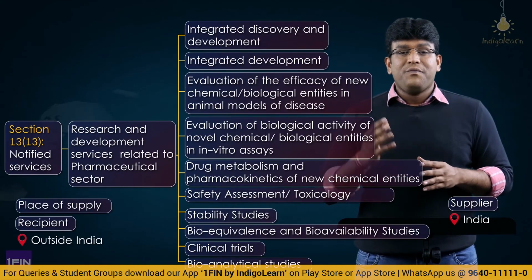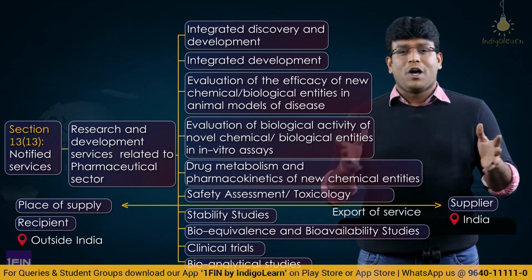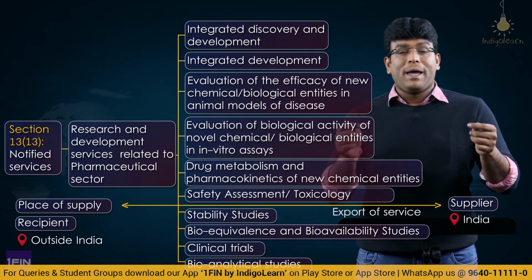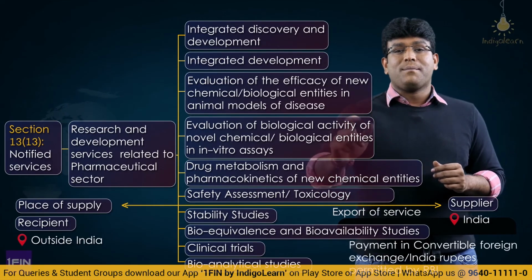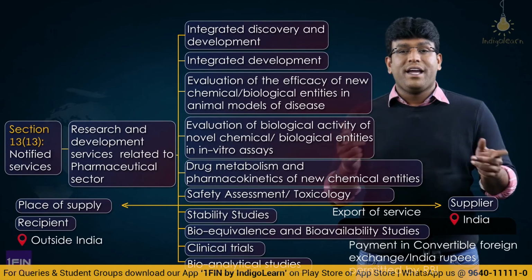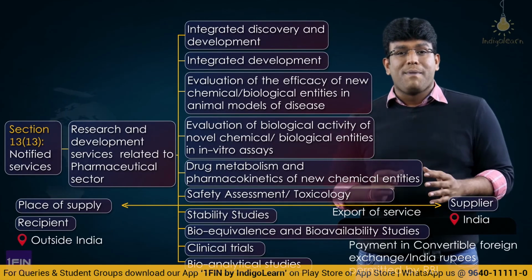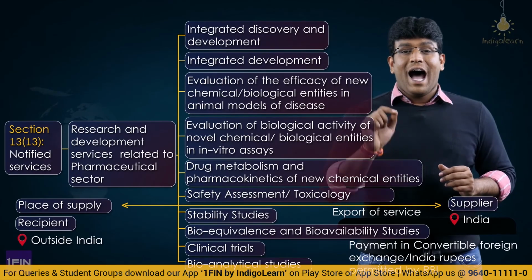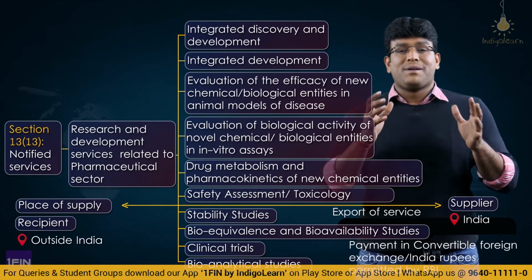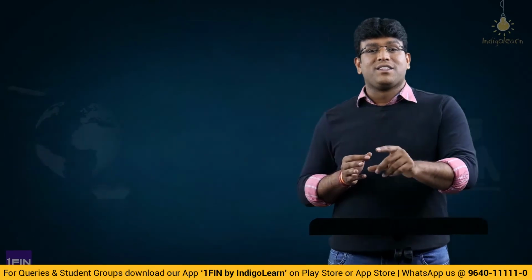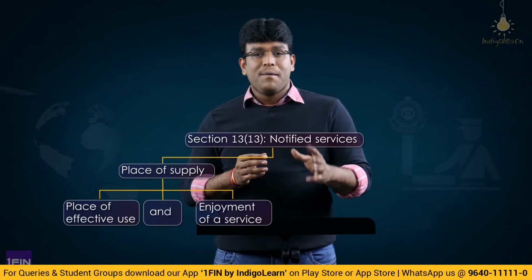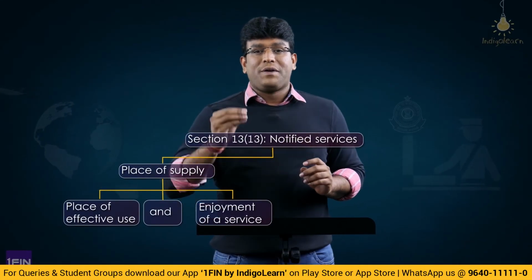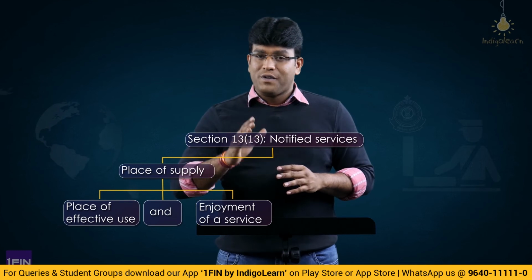And generally we say the transaction is an export of service, provided the payment is received in convertible foreign exchange or in Indian rupees wherever permitted by RBI. So this is an interesting R&D activity related to the pharmaceutical sector which is covered in 13(13), which says place of supply is the place of effective use and enjoyment of service.